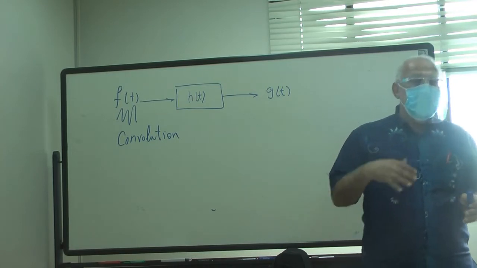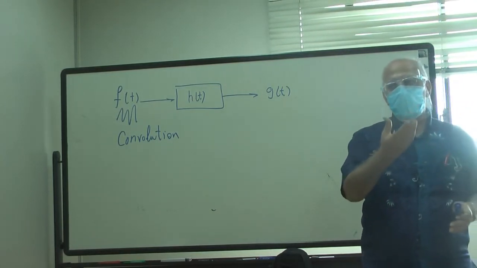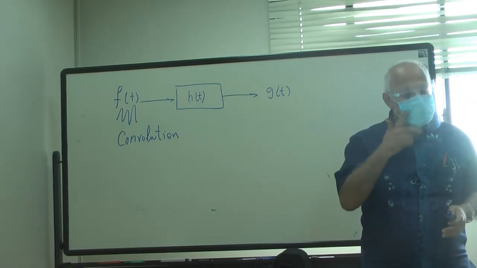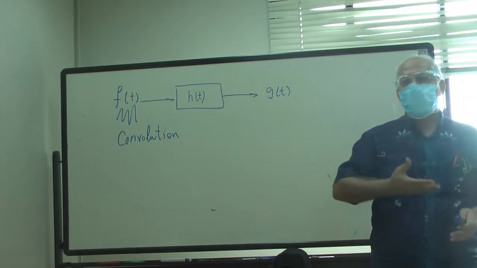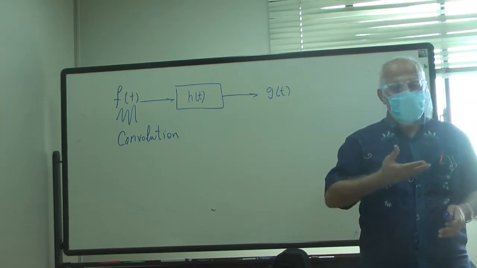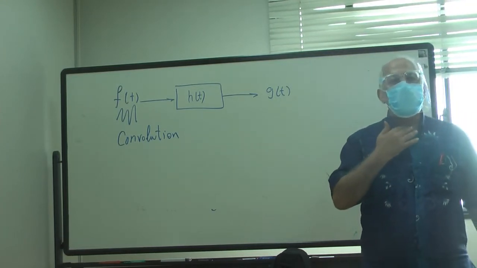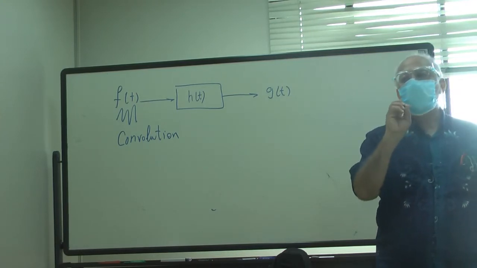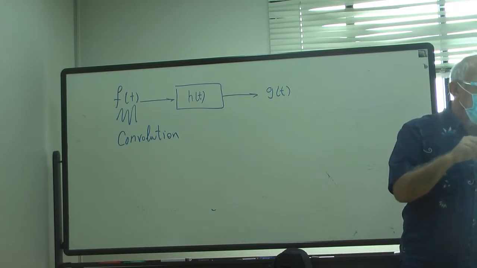For instance, the vocal cavity of what I'm talking to you, there is a system: from my lung comes the pressure of the lung, then vibration of the cord, then the cavity of the mouth and also the nose.